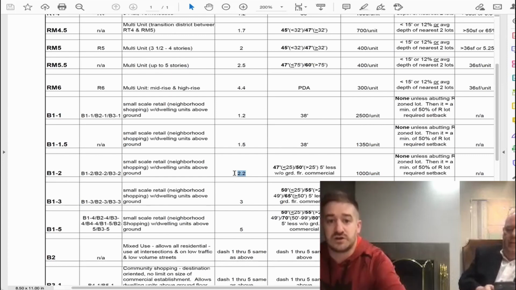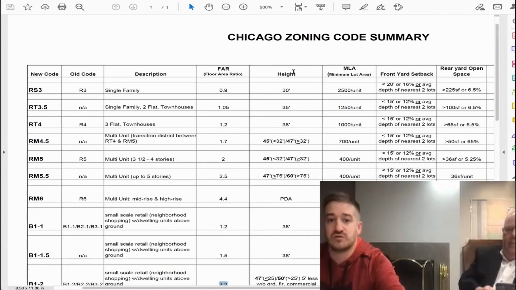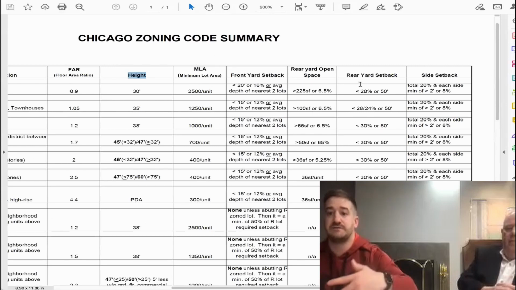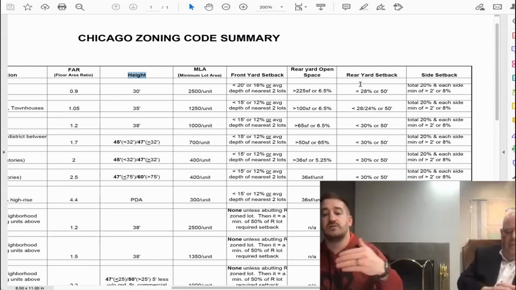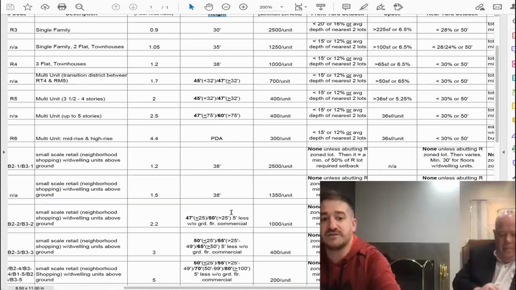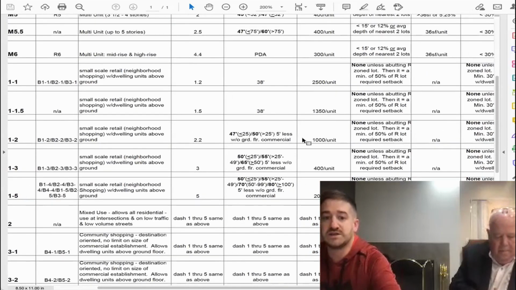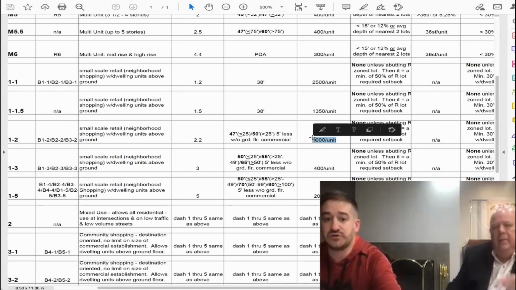And then obviously zoning code, as you can see here, it also restricts the height of your building, and there are setbacks that you have to abide by from the alleyway, from the front of the street, and from your neighbor on the side. So obviously you want a higher second number, because as you can see in a C1-2, I can only build 3 units.